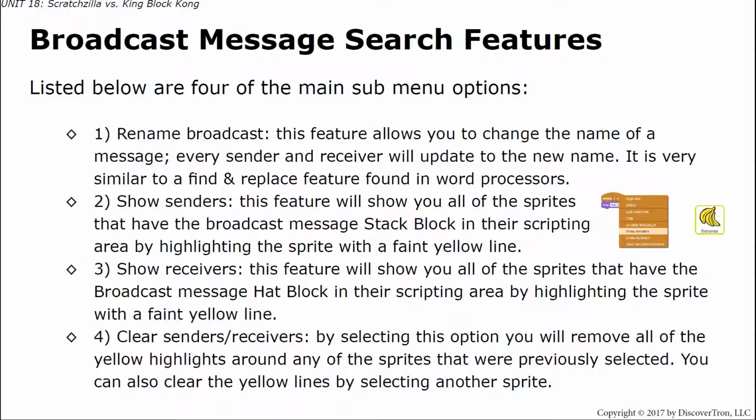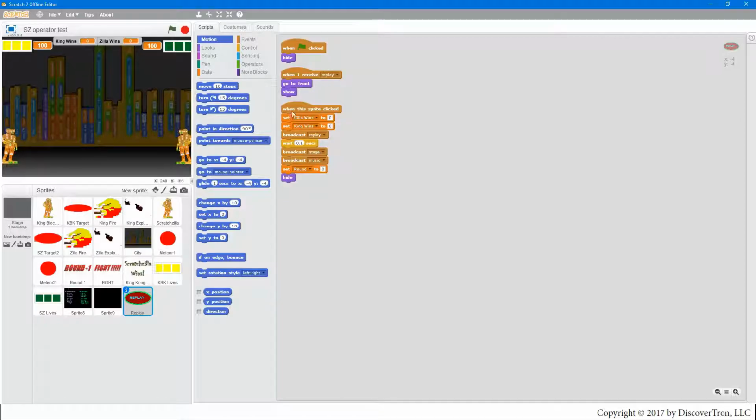Show senders, show receivers. I think I touched on this a little bit before. This is a pretty cool feature. So let's say we're here on replay. Let's stop this. And it says when I receive replay, let's right click on this, show senders. So let's see who's sending this to us.